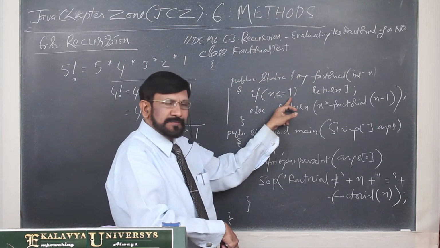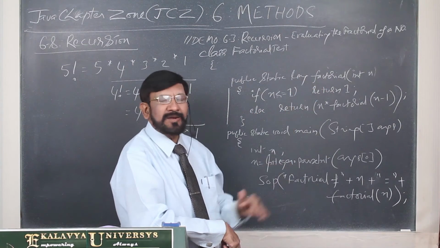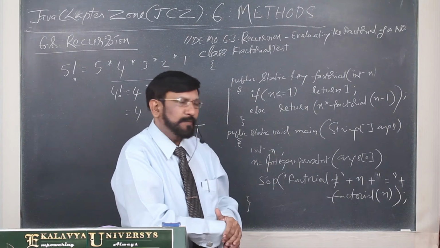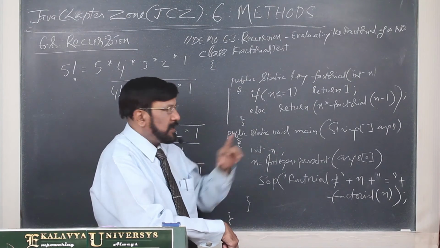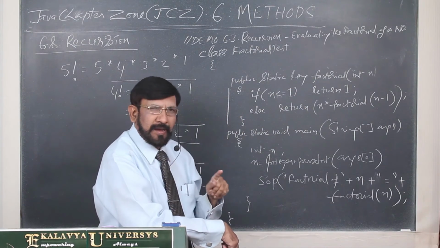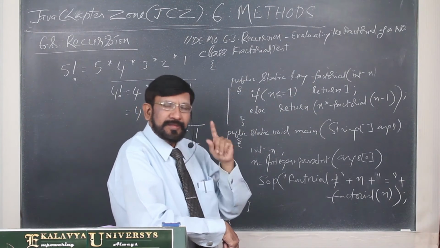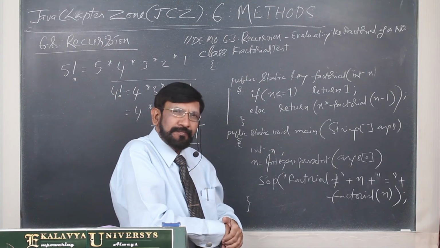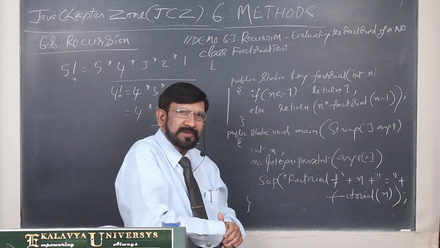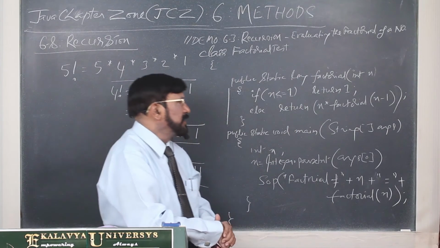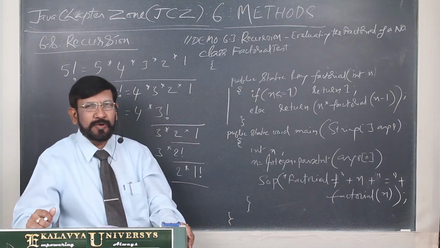Whenever it becomes 1, return 1, and recursion is stopped. Return means from the called method, the control goes back to the caller. So there will be no more recursion. Then it is stopped, and ultimately you get the result of the program.